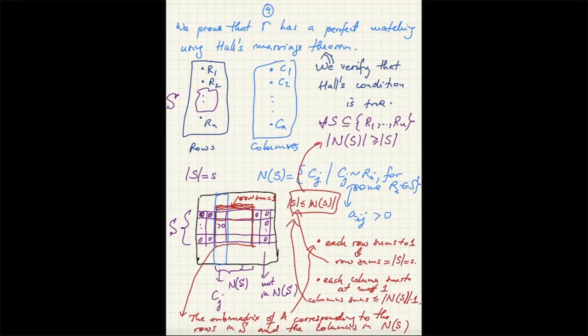The key here was that in this submatrix, all the rows have sum exactly 1. So the neighborhood of S has cardinality at least that of S. Okay, so I hope that's clear. So Hall's condition is satisfied. We have a perfect matching.